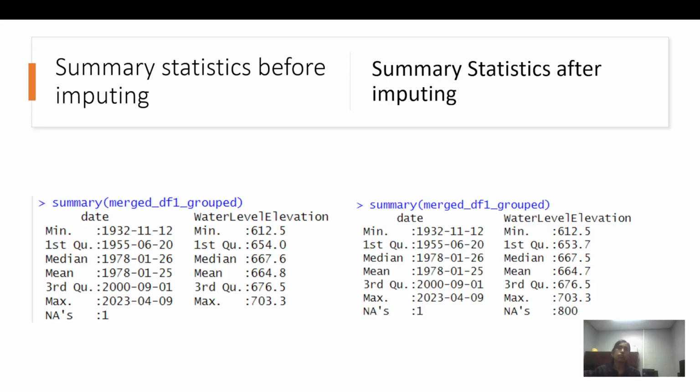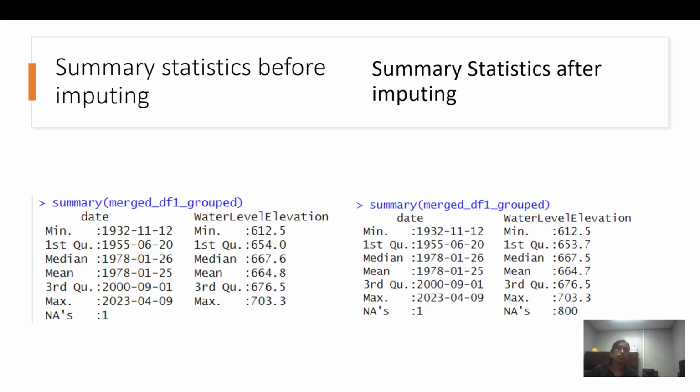We need to see whether the imputing caused any vast changes in the data or not. For that, we need to check the summary before applying the Kalman filtering and after applying the Kalman filtering.